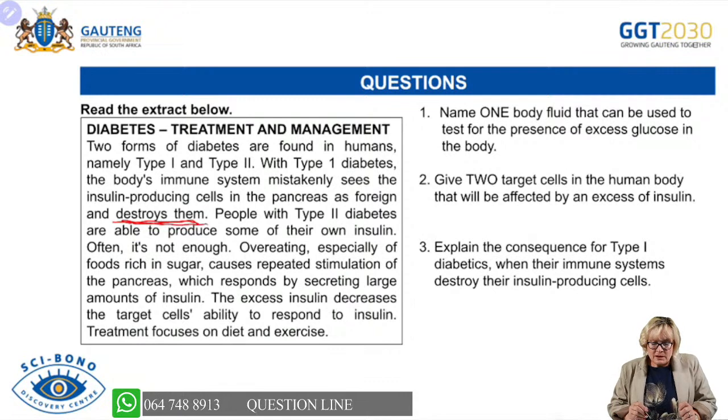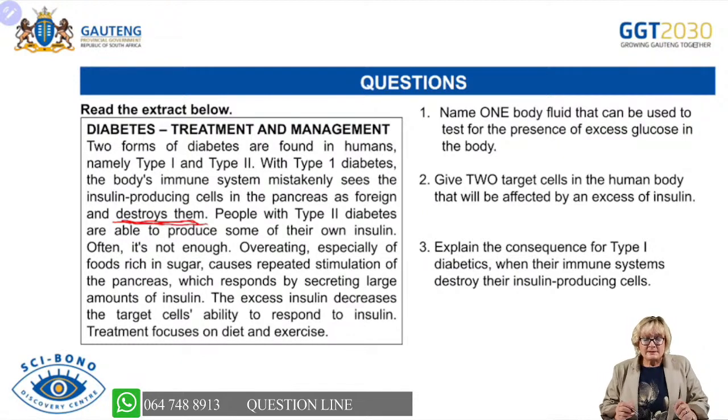People with type 2 diabetes are able to produce some of their own insulin. Often it's not enough. Overeating, especially of foods rich in sugar, causes repeated stimulation of the pancreas, which responds by secreting large amounts of insulin. The excess insulin decreases the target cell's ability to respond to insulin. Treatment focuses on diet and exercise.